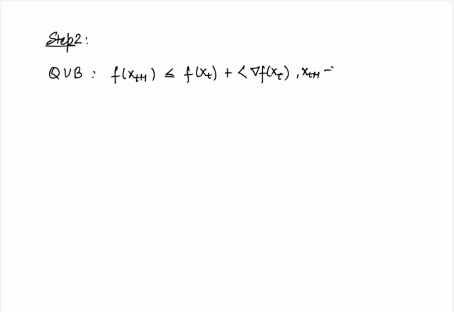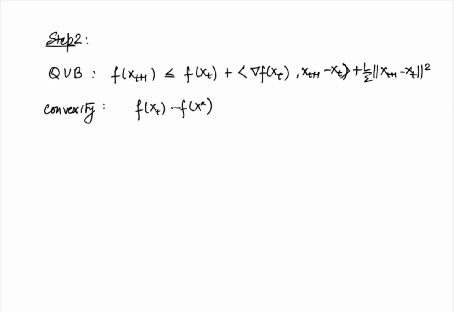Next, let us derive the alternative condition to co-coercivity. For that, we write down the two properties of interest, namely the quadratic upper bound, which is that f of xt plus 1 is less than or equal to f of xt plus inner product with gradient f of xt with xt plus 1 minus xt plus L by 2 norm square of xt plus 1 minus xt, and the convexity condition, which is that f of xt minus f of x star is less than or equal to inner product of gradient f of xt with xt minus x star.